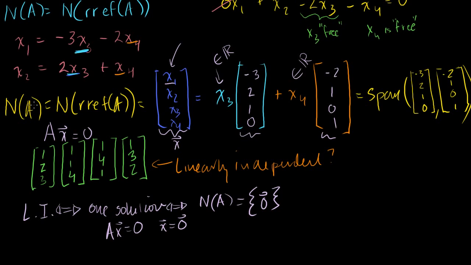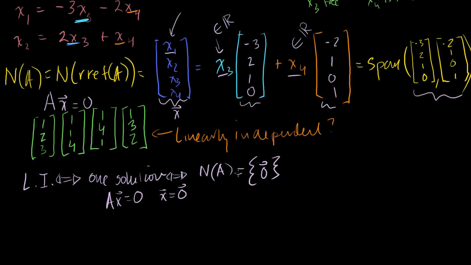Now, my null space of A, what does it include? Is it just the 0 vector? Well, no, it includes every linear combination of these guys. It includes an infinite number of vectors. It's not just one solution. Obviously, the 0 vector is contained here. If you pick 0 for that and that, it's contained, but you can get a whole set of vectors. So the null space of A does not just contain the 0 vector.